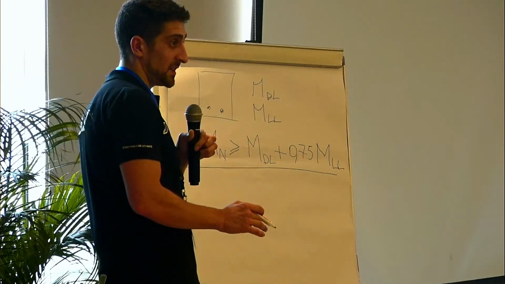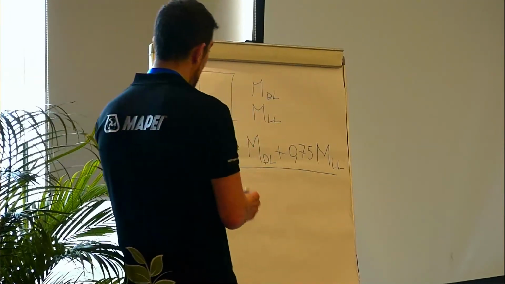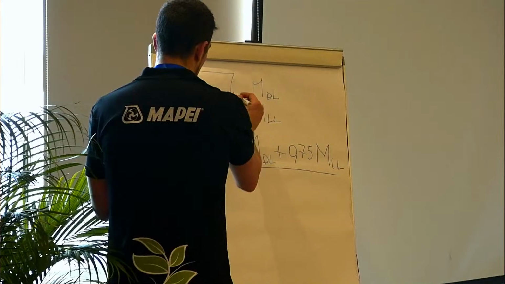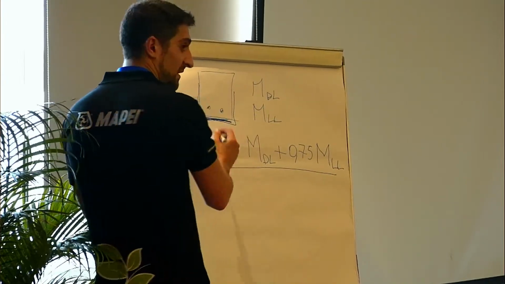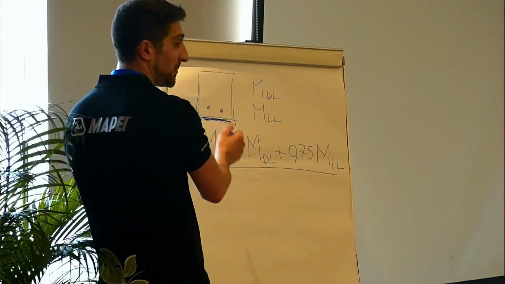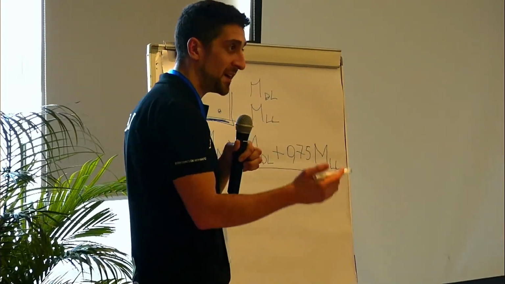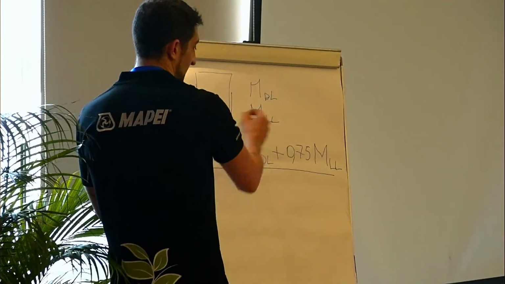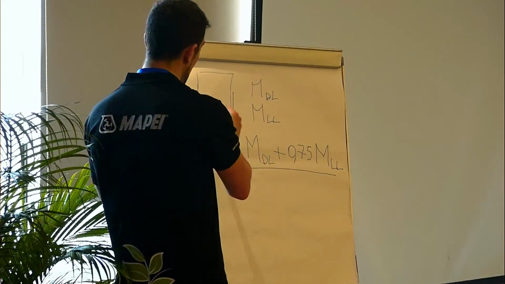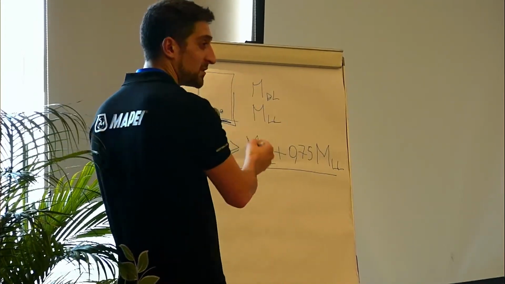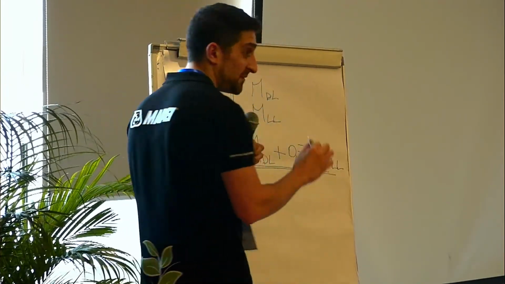Why is there this limitation? Because imagine you have applied your FRP here, and something happens to the FRP: mechanical damage, heat, fire. This relation says that without FRP, the beam should still be able to provide a safety level.